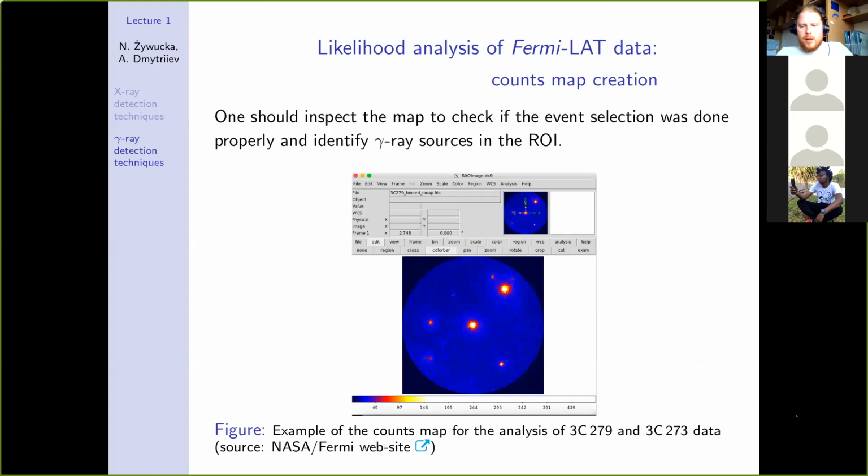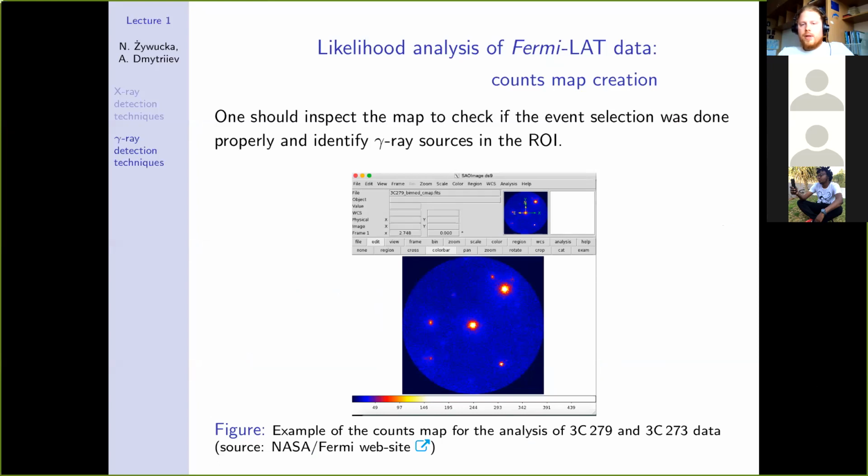So you inspect the maps to make sure everything is done properly and that you have events, because sometimes if you make a mistake in GT select, or if you specify some contradictory information, you can get an empty selection.